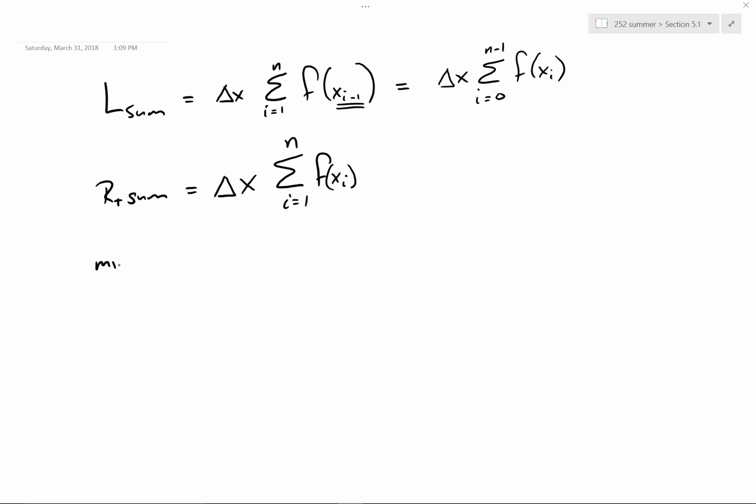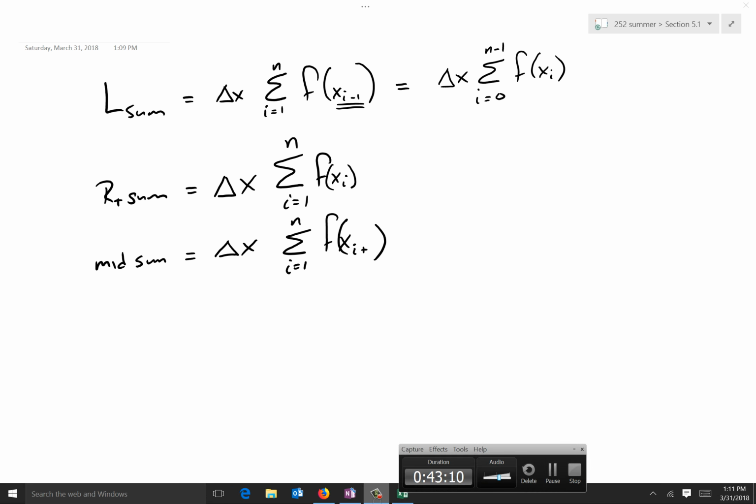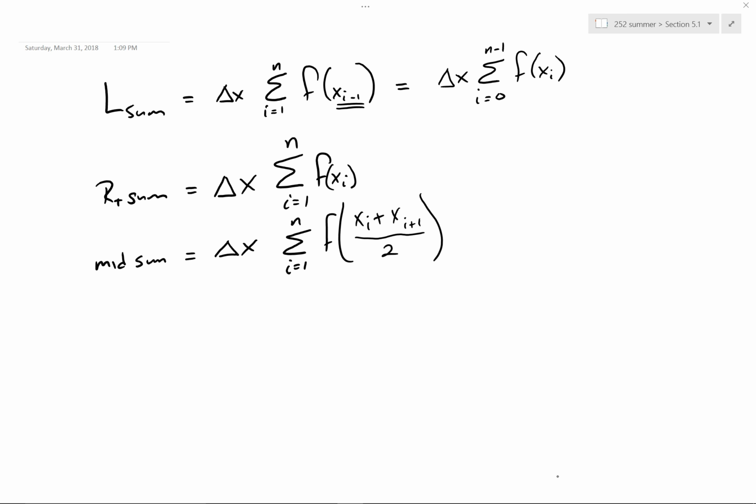And then the mid sum is typically written this way. Okay, and then this one here.